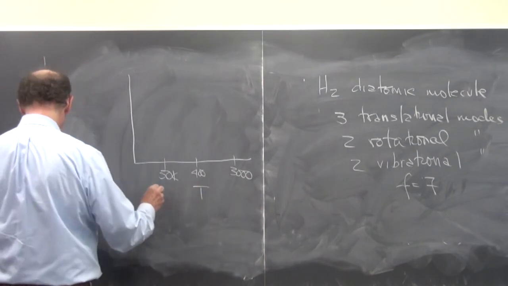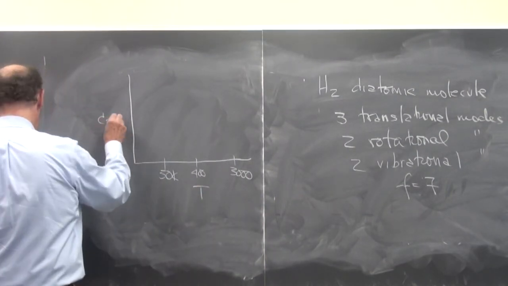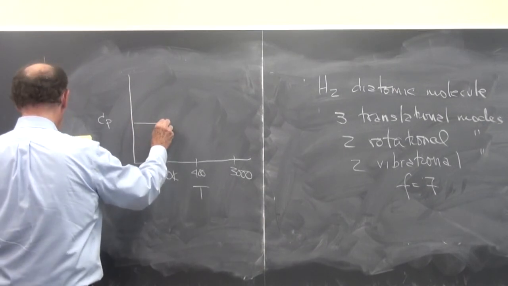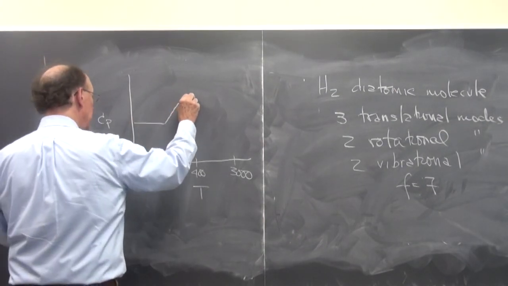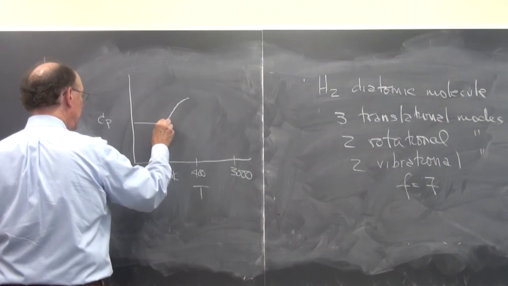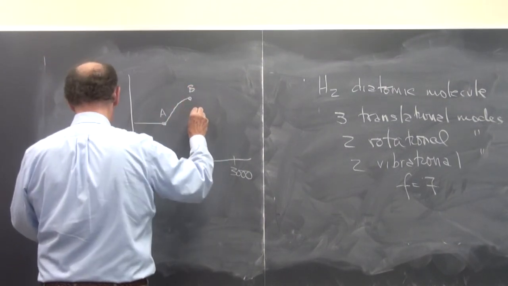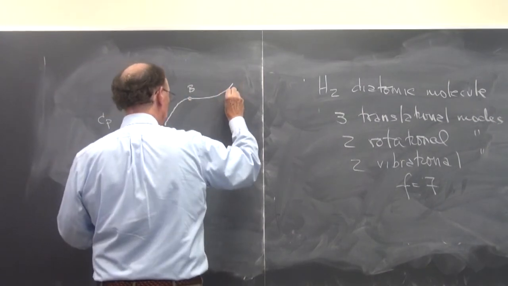So here's T, C sub P. And basically, it's constant up until here. Then we have an increase. So this was A, B, C.